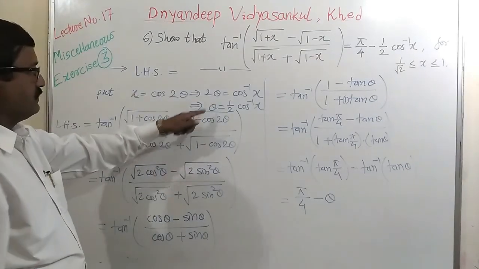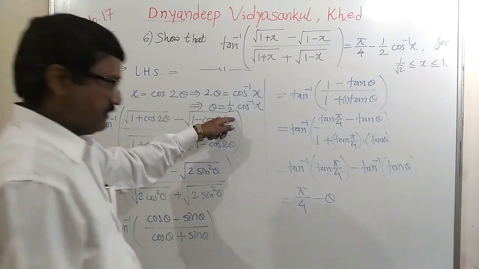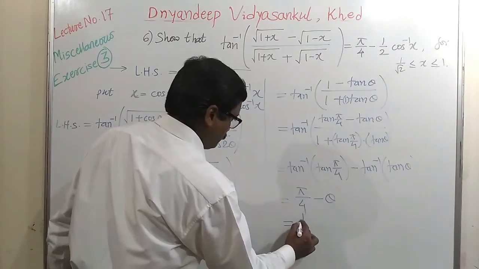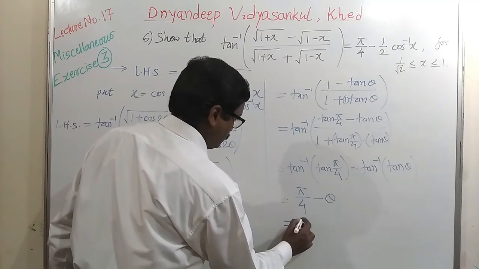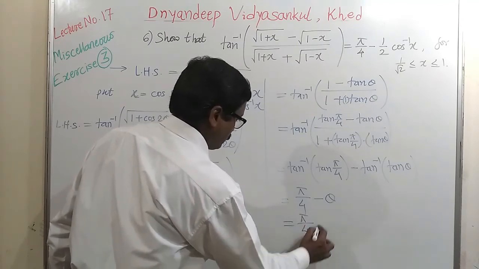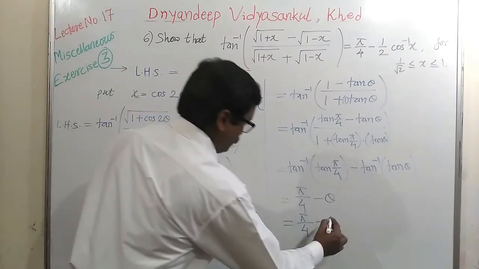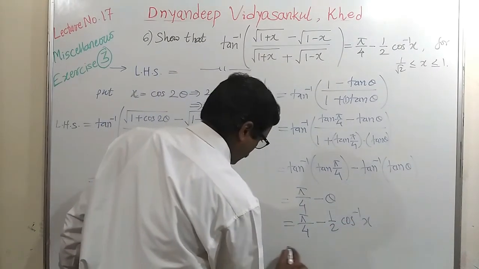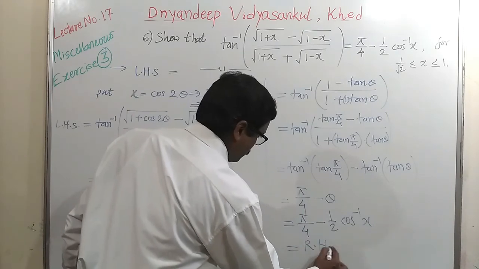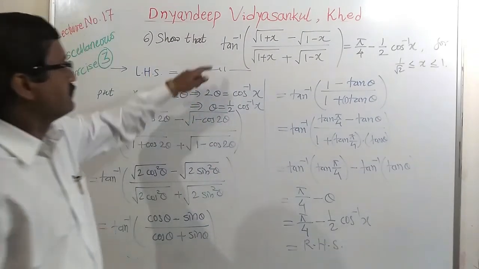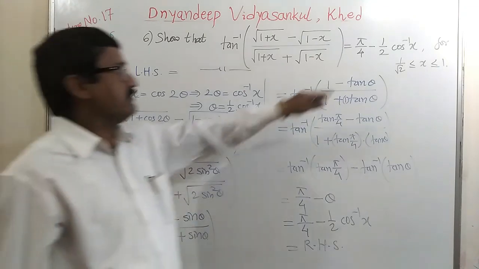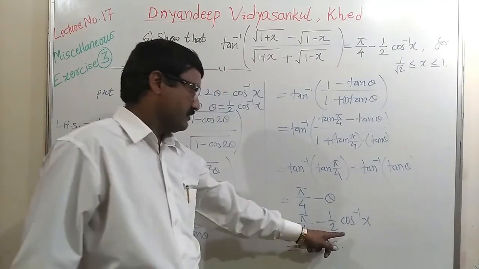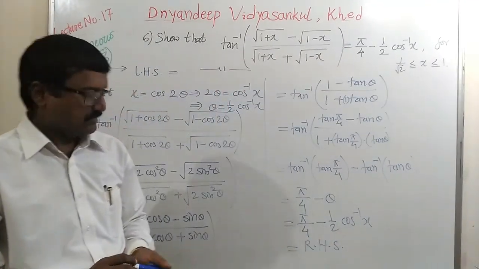This theta is nothing but half of cos inverse of x. So we get pi by 4 minus half of cos inverse of x, and that is the required RHS of this equation, that is pi by 4 minus half cos inverse of x.